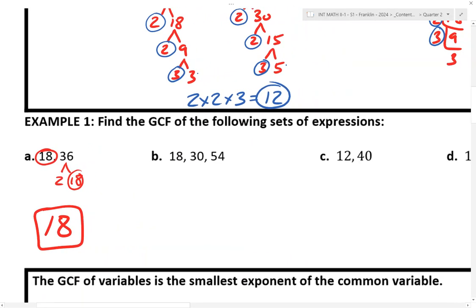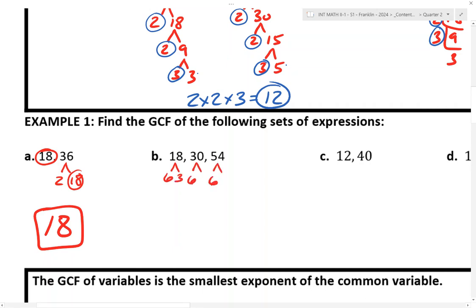Now, for example B, let's say I want to save some time. I don't want to do the complete prime factorization of each one. If you know a number goes into all the numbers you have, but you're not sure if it's the greatest common factor, you can start with that. So I know that 6 goes into each of these numbers. I'm going to go ahead and divide them each by 6 and see where that gets me.